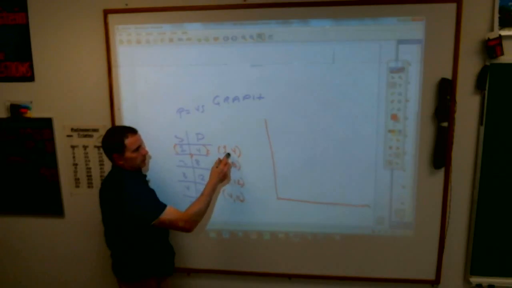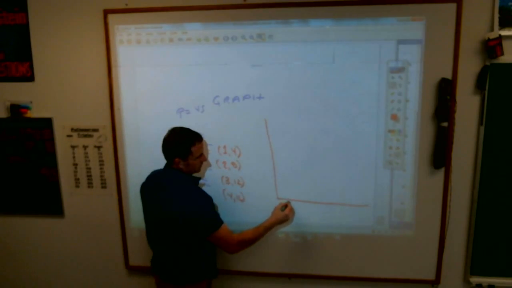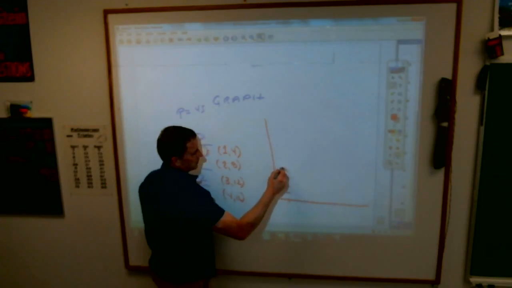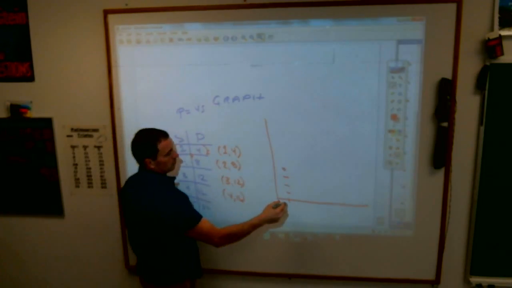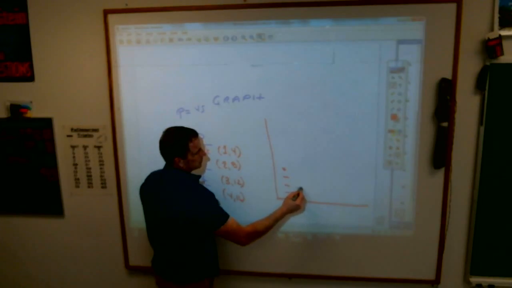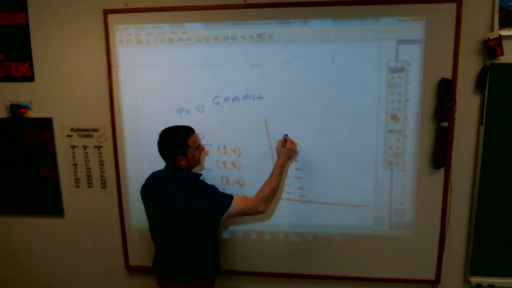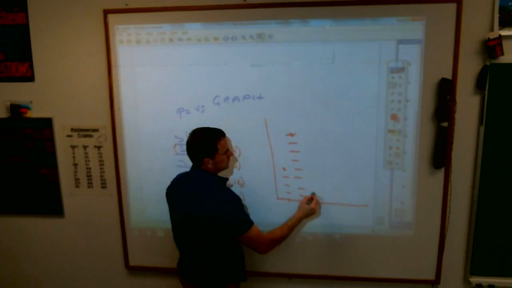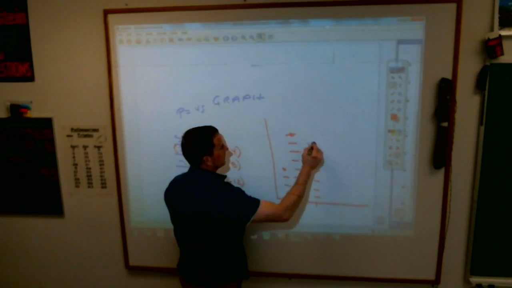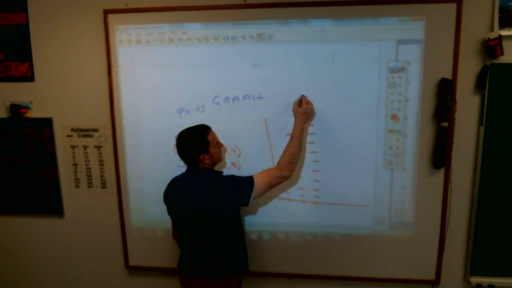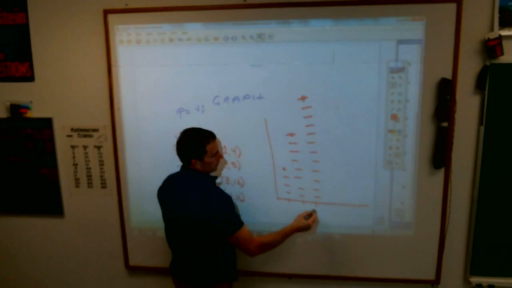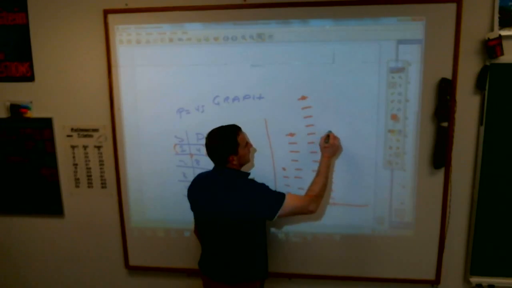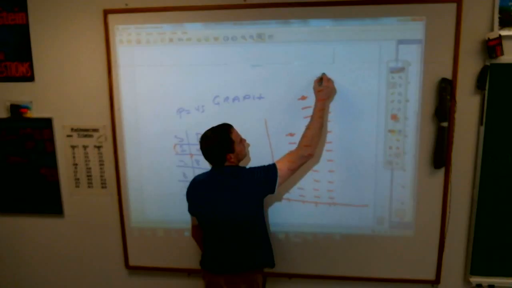And you take your little graph. Where is (1, 4) if I'm graphing? Here's 1 over and 4 up. 1, 2, 3, 4. I put a dot. 2 over, 8 up. 3 over, 12 up. 4 over, 16 up.